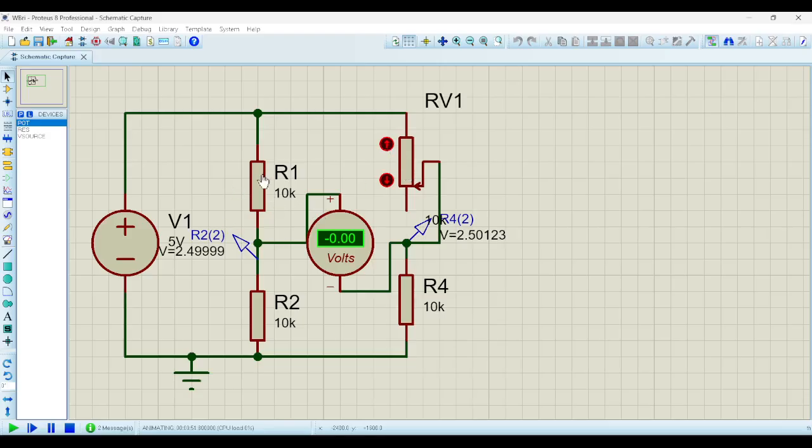In this case, I am generating a relation in which these two resistors are the same. And when these are the same, I get 0 volts. If they are different, I don't get 0 volts. So I can change this resistance value and stop when this voltage is 0, and I will know that the relation between these two is the same as the relation between these two. So that's a really interesting result, right?